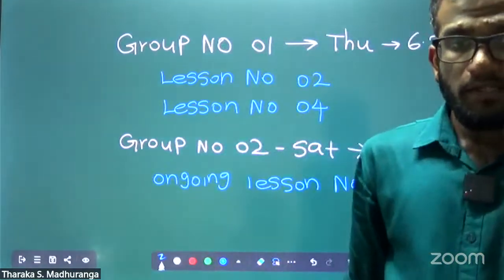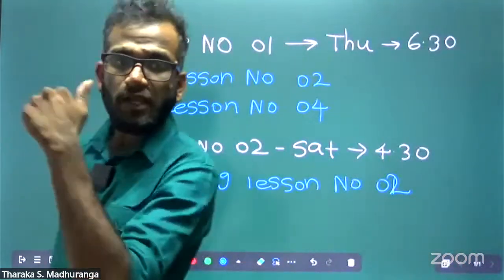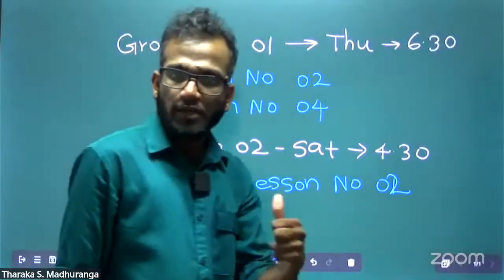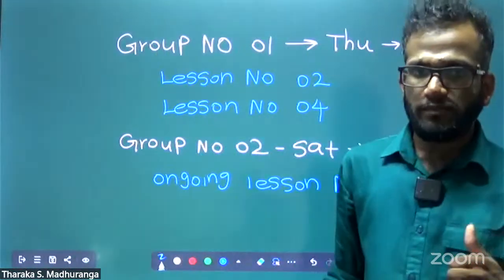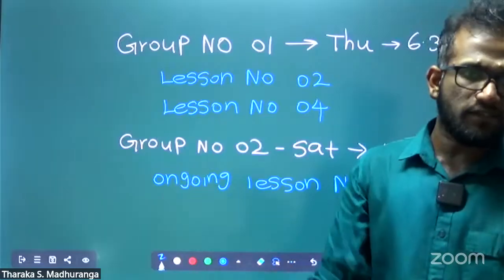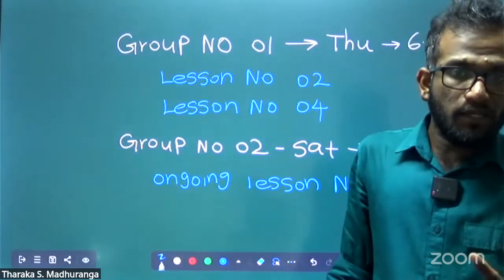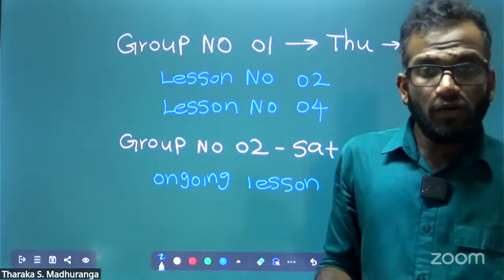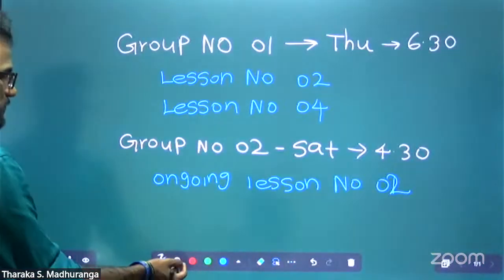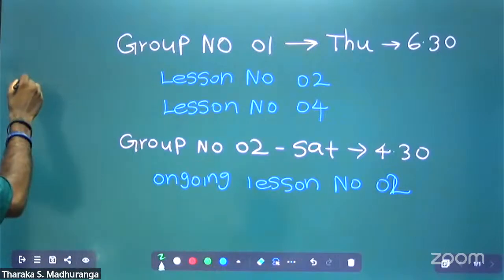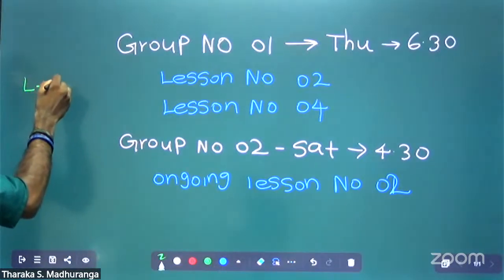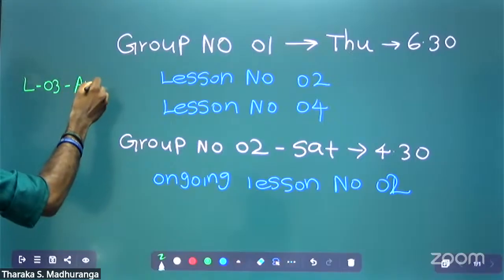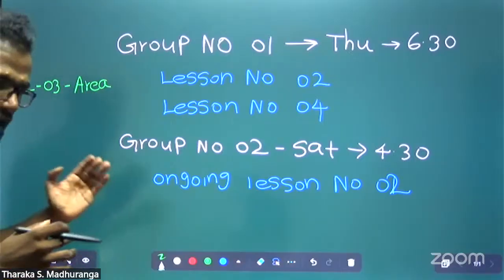After that, you can see lesson number 1. Lesson number 1 is area and volume, a basic math lesson. Lesson number 3 is trigonometry. Overall we have 25 lessons.